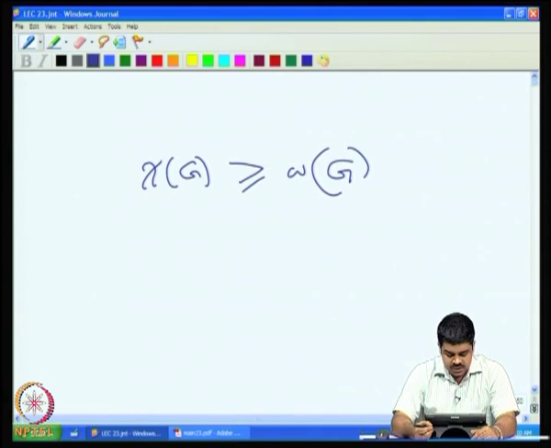The inequality is very trivial because each vertex in a clique has to get a different color. So many colors should be present. Now, the question is, is it the reason for chromatic number to be high?